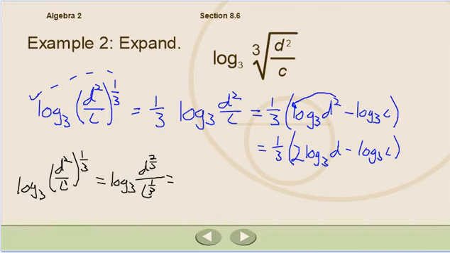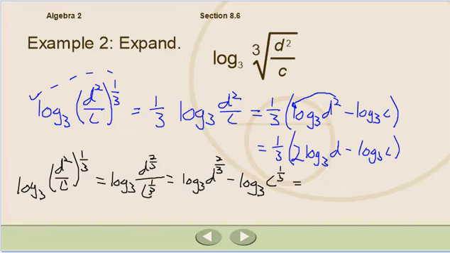And now we can use our logarithm rules. So this is a log of a quotient, so we can split this up into log base 3 of the top one, d to the 2/3, minus log base 3 of the denominator, which is c to the 1/3. And we can use this power rule to bring these exponents outside.